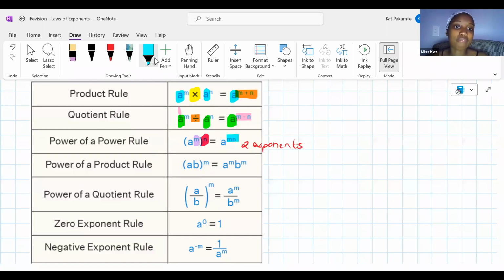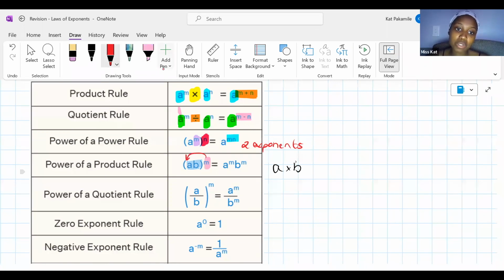And then the fourth one is power of a product. If you just write AB, this is the same as saying A times B. So inside the brackets, we have an A times B, all raised to the same exponent, which is M. In this case, you will have to distribute.